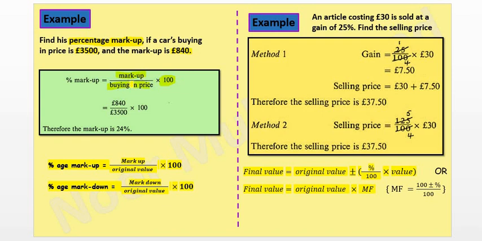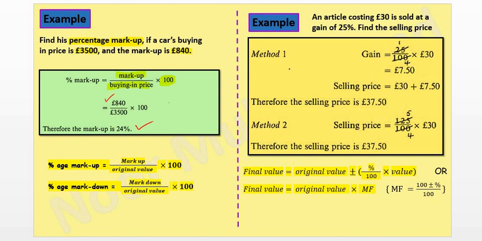I'm discussing different cases, right? So right now we have the markup: 840 pounds is the markup and 3,500 is the original price. Now you can simplify it and finally your answer will become 24%. This shows that the percentage markup is 24%.